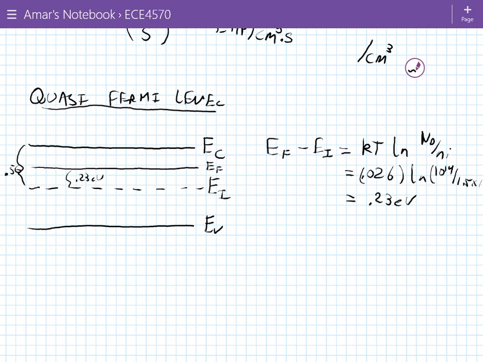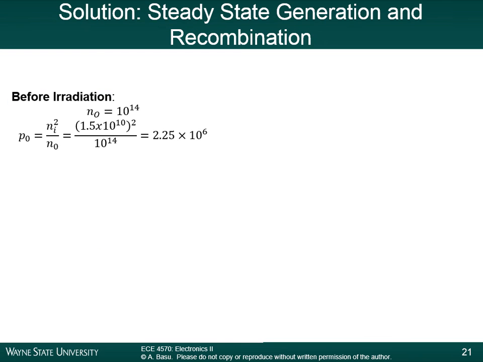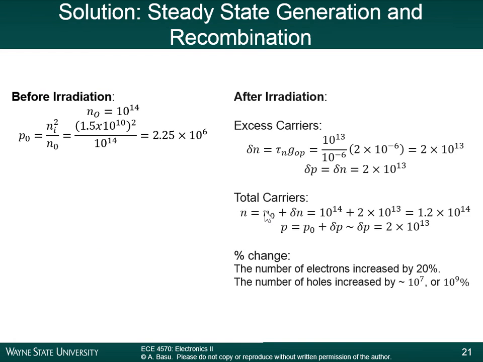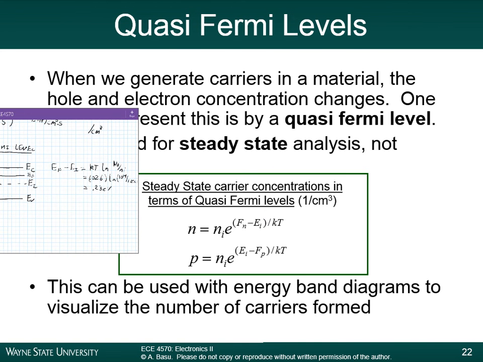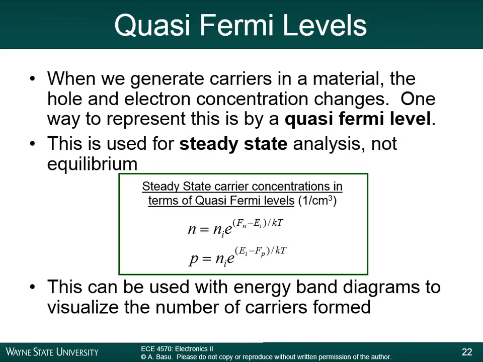Now if we want to find the quasi-Fermi levels, we can use these equations. n is equal to ni e to the (Fn minus Ei) divided by kT. So when we solve for Fn minus Ei, we're going to have something like this.